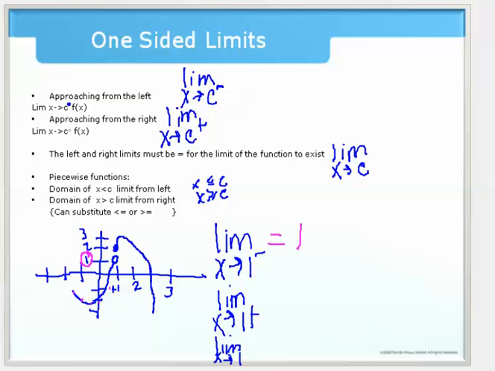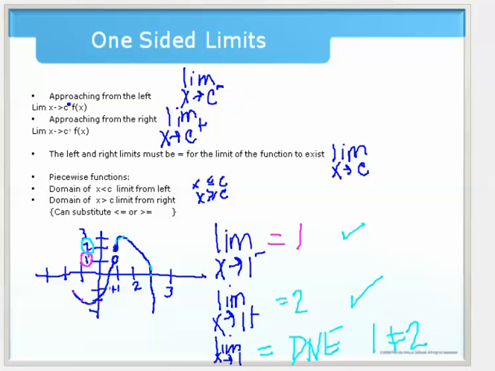When I look at the right, I trace the function, and the y value that it's approaching from the right is 2. So we have a left-sided limit of 1. The right-sided limit is 2. But the overall limit as x approaches 1 does not exist, because 1 is not equal to 2. So you can look at the graph and identify if we have a one-sided limit.